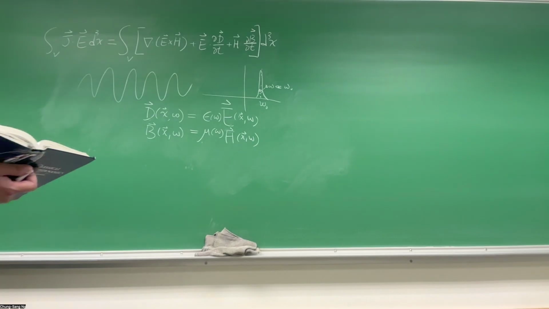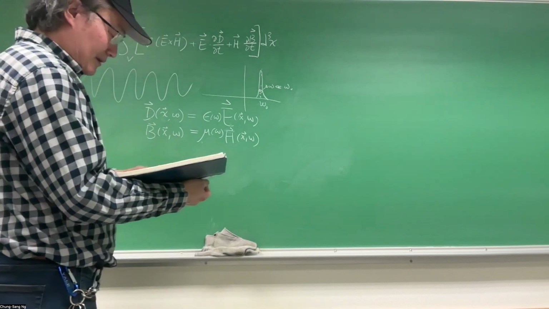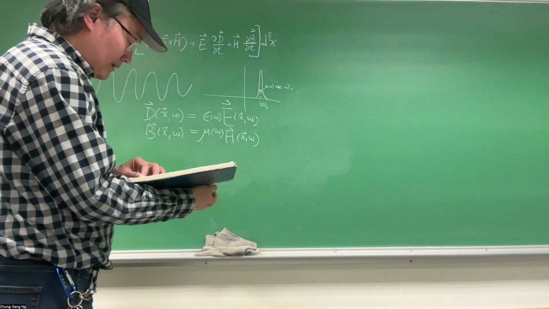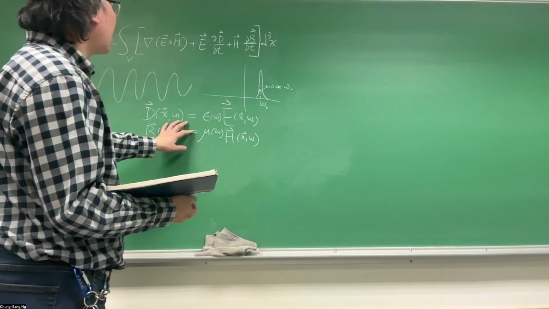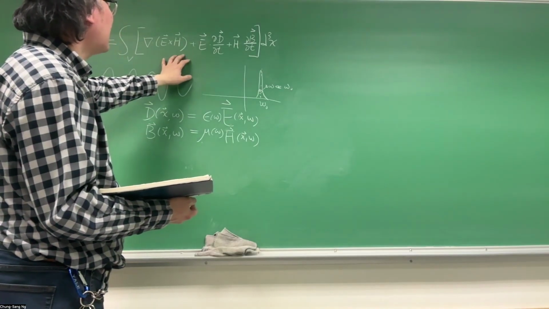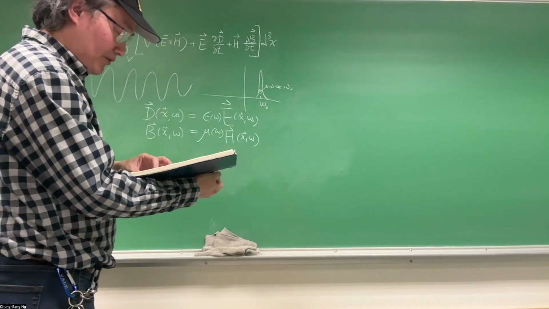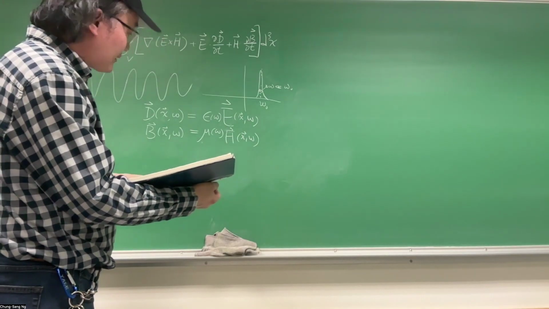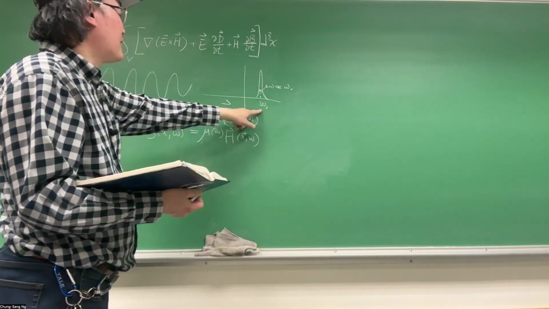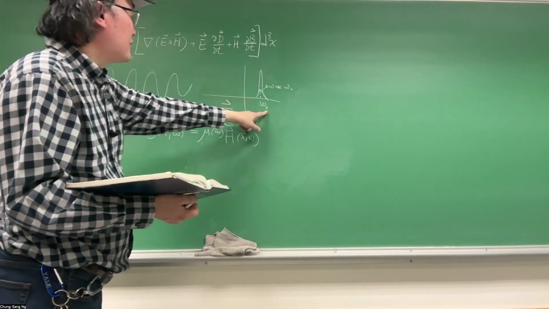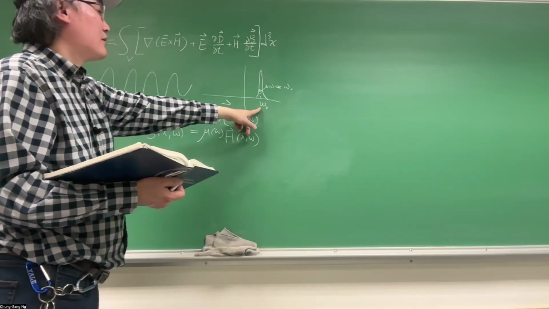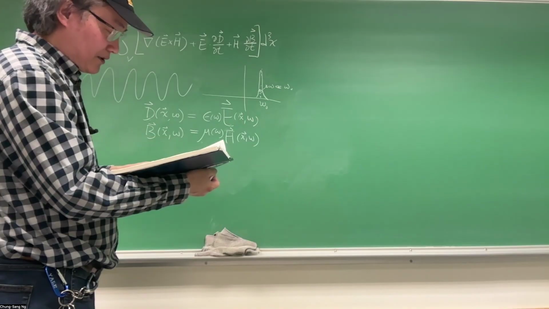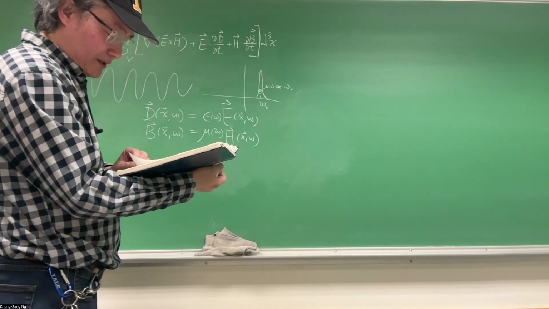But for now, we will just stay with this frequency dependency. Now we can use that and go back to this equation and simplify it as much as we can. Finally, because it's mostly single frequency, we'll take a time average over one period corresponding to this frequency, and find another Poynting theorem.